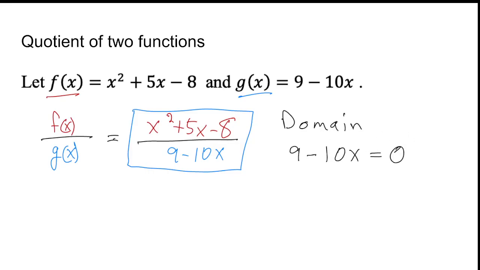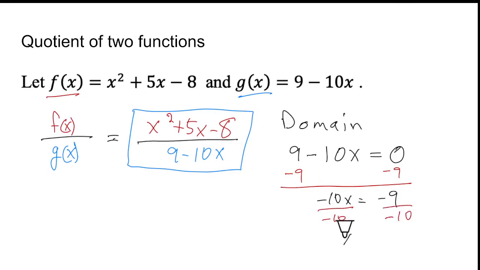So we solve this, and that's what we're going to exclude. Let's just go ahead and subtract 9 from both sides. You could add 10x to both sides if you wanted to, but to finish this off, we'll divide by negative 10. And so we see that whenever x is equal to positive 9/10, we're going to have to take that out of the domain.